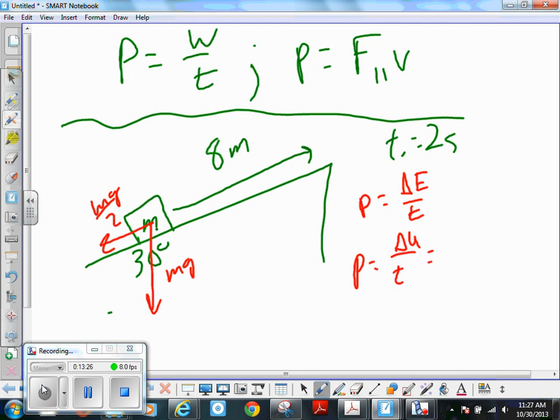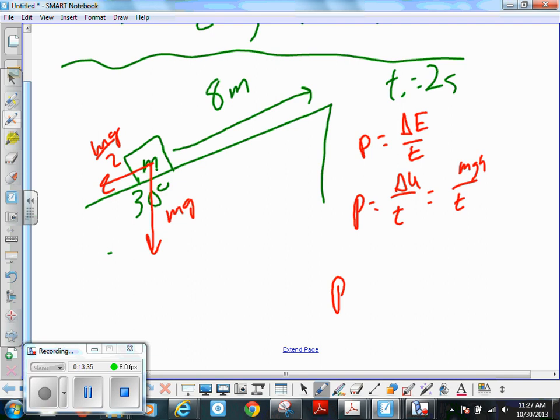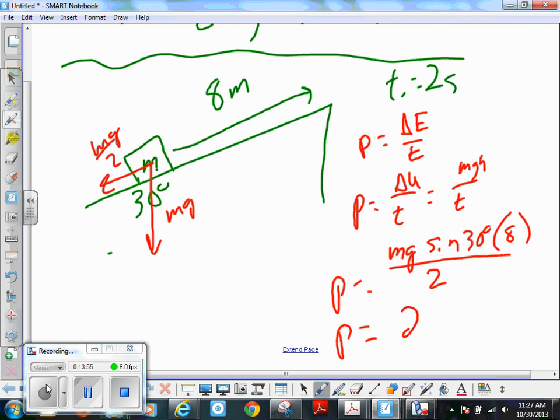So we can do mgh divided by time. Well, it's delta h, really. Right? So power, in this case, then would be mg, what would we have here? The sine of 30 times 8 divided by 2. And we should get the same number. Check it. And it works out to the right answer, 2 mg, or 20 m.